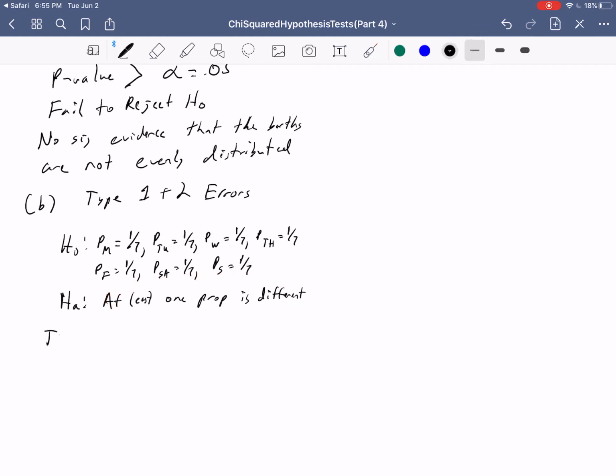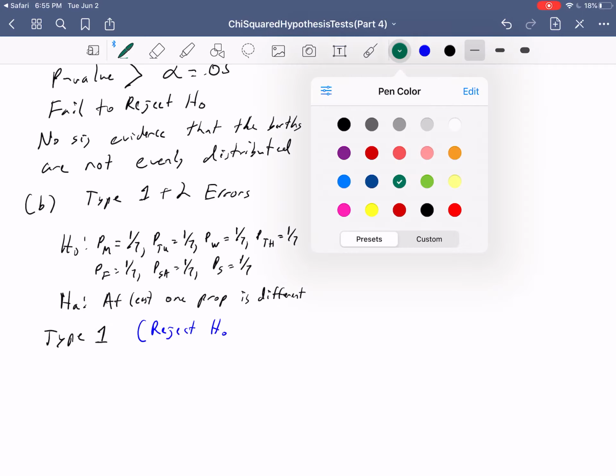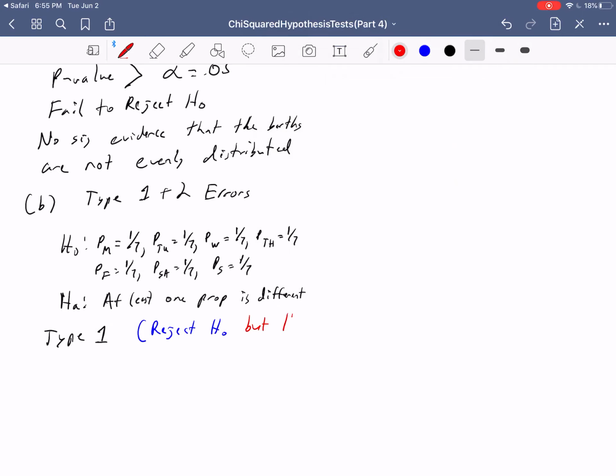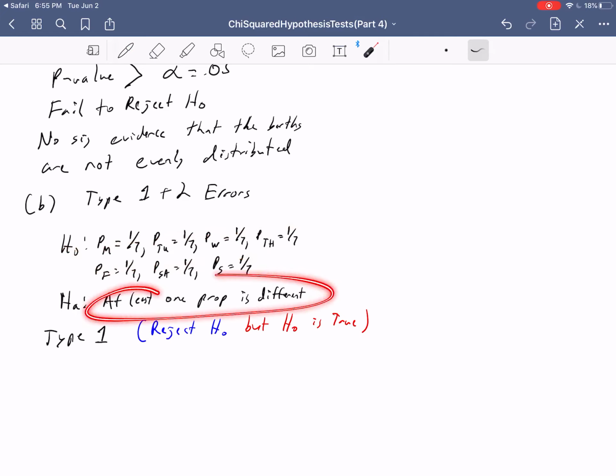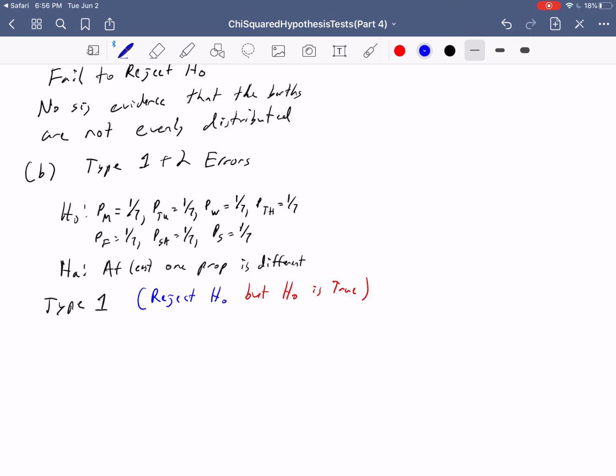So let's talk about what a type 1 would look like. As always, type 1 is reject H0, but H0 is true. So rejecting H0 means we're not going with the evenly distributed. We're saying that at least one is different. In other words, we are saying that there is at least one different or that it is not evenly distributed.